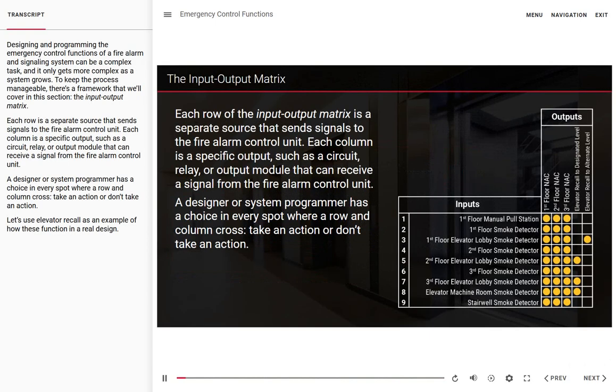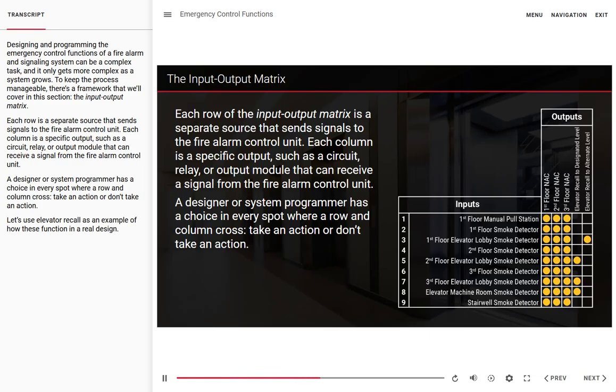Designing and programming the emergency control functions of a fire alarm and signaling system can be a complex task, and it only gets more complex as a system grows. To keep the process manageable, there's a framework that we'll cover in this section: the input-output matrix. Each row is a separate source that sends signals to the fire alarm control unit.